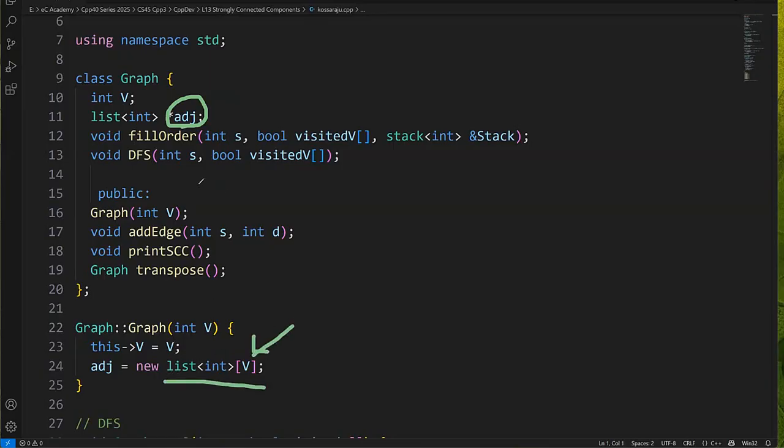This array of lists becomes its adjacency map. Basically, your node number one would have a few different friends.